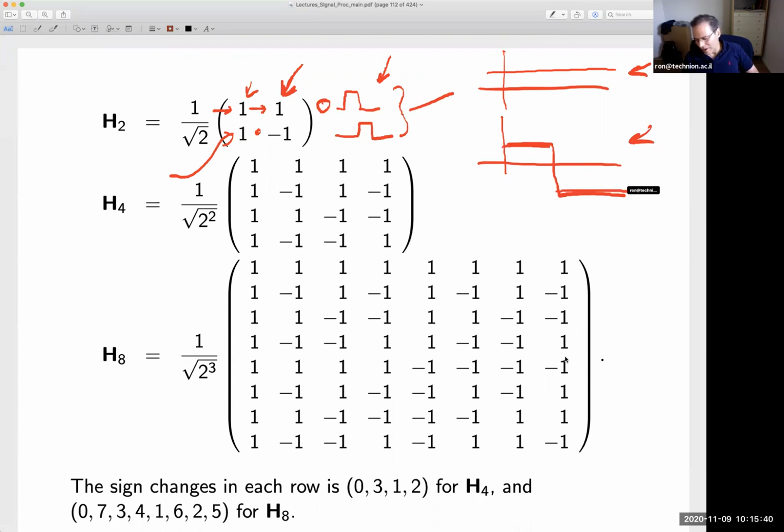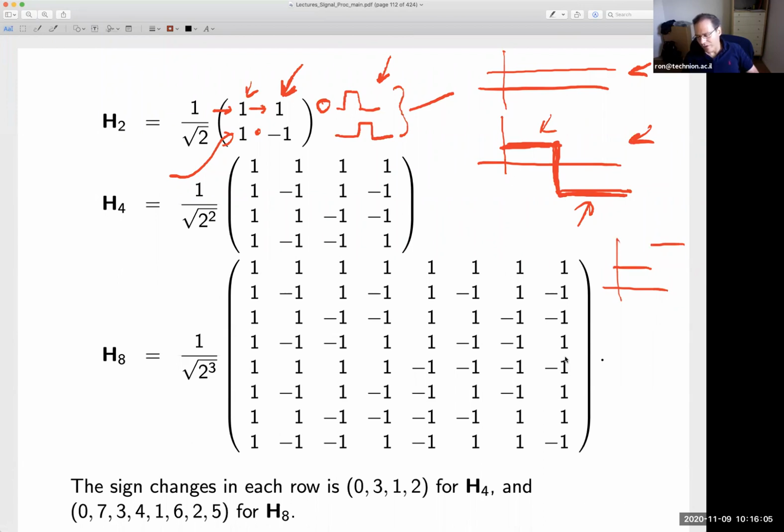Okay, so the next one would allow me to represent properly, or to add more information about something which I assume to be a constant number here and another constant number there. The set of functions that I would be able to represent with such functions are functions that look like one constant and another constant.